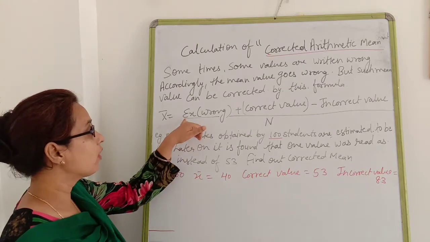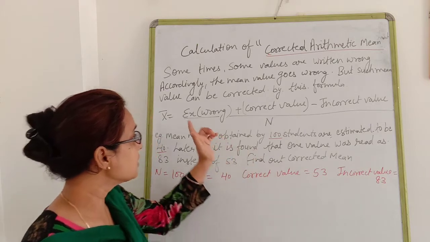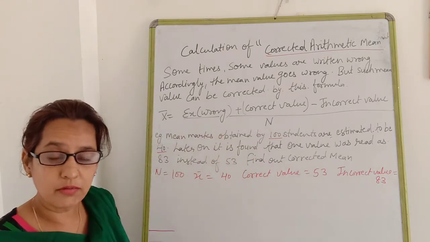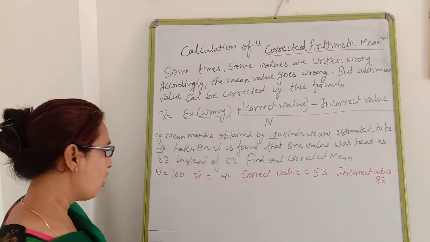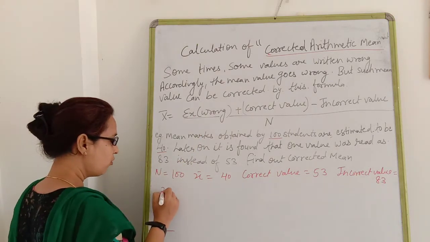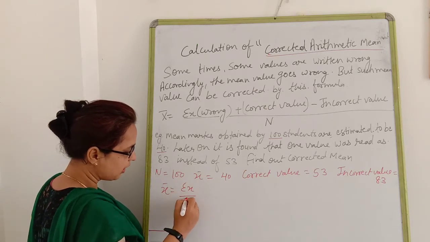First of all, we require sigma x. You can see in this example sigma x is not given, but we can find it out from this information. How can we find it out? All of you know x bar equal to sigma x divided by n.